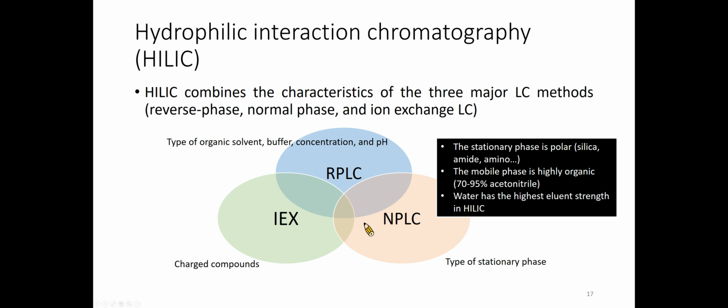Like a normal phase LC, HILIC has a polar stationary phase, and lastly, the HILIC incorporates the ionic interactions with charged compounds, which is a shared characteristic with ion exchange chromatography.